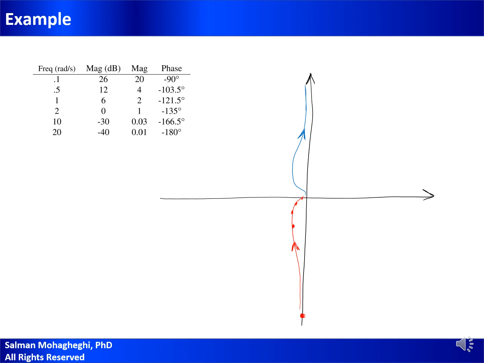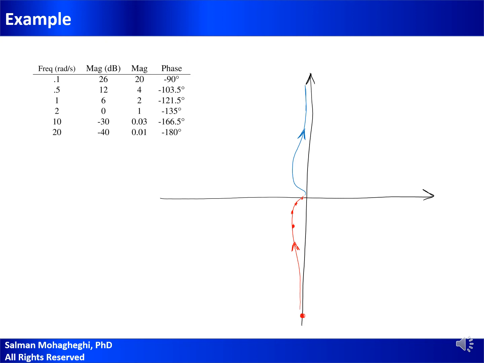Because I skipped that pole, essentially my Nyquist plot is not going to be a closed shape anymore. So in order to close it, I'm going to have to add one half circle, one semicircle in the clockwise direction. And typically what you have to do in these cases is see how you should draw this circle in order to close the shape.